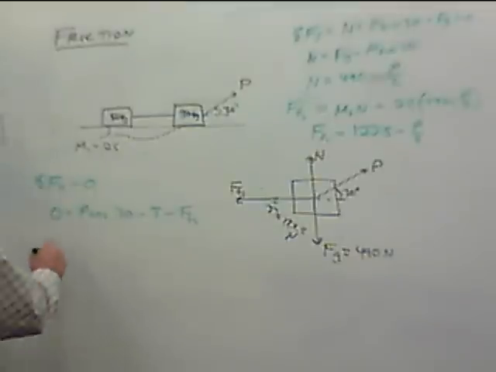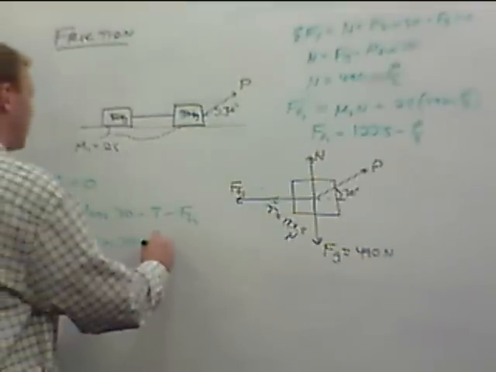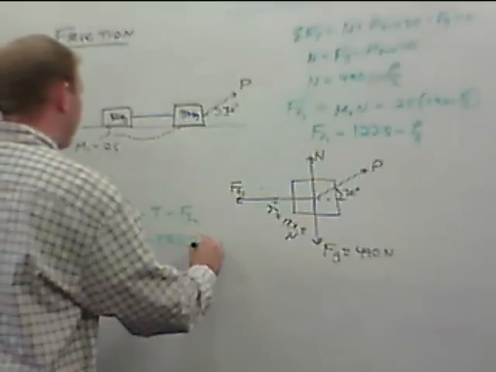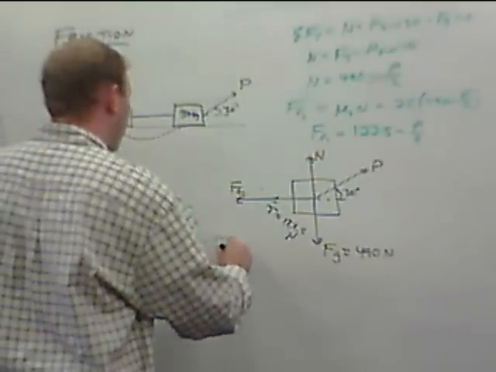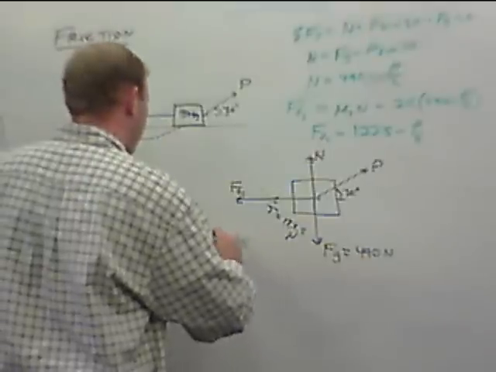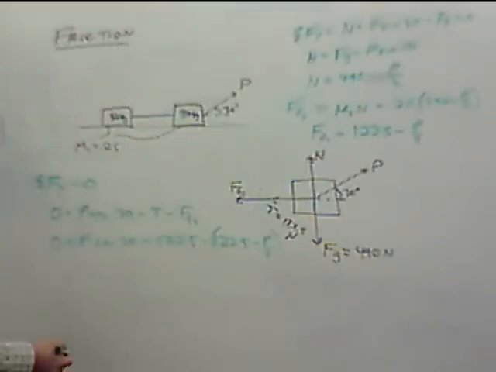Okay, so we're going to have 0 equals P cosine 30 minus 122.5 minus 122.5 minus P over 8.